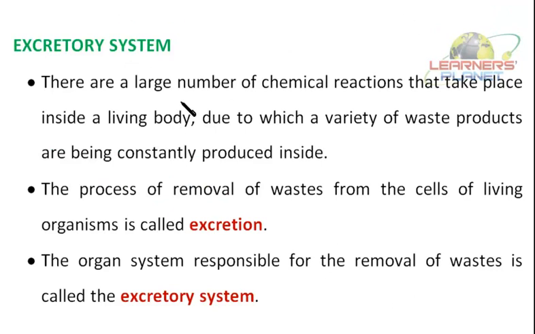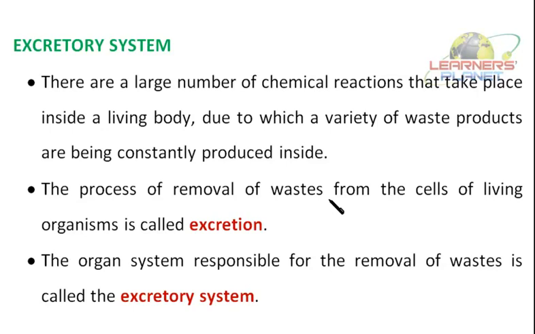There are a large number of chemical reactions that take place inside a living body, due to which a variety of waste products are constantly produced inside. So, it needs to be removed out. Because if these waste products are not removed out of the body, then the body might suffer from many diseases. And it can be fatal, so fatal that it can lead to death. So, it needs to be removed out.